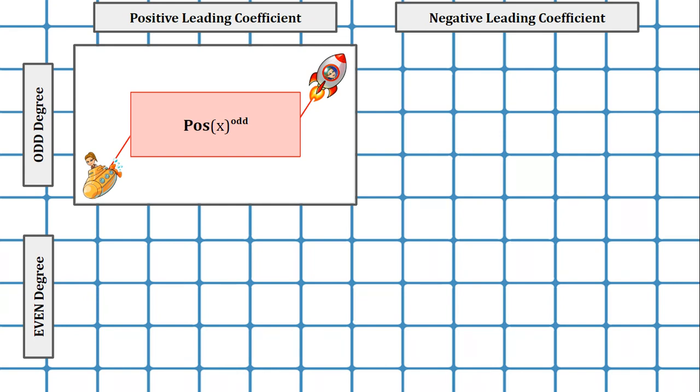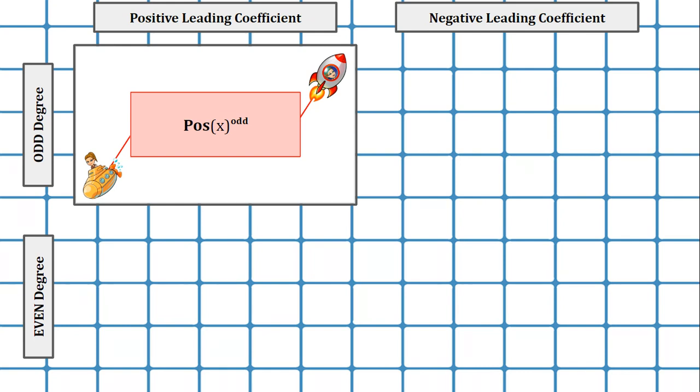An odd degree means that your end behaviors are going to be going in opposite directions. So it doesn't matter what's going on in the middle, remember, it's just what's going on at either end. I like to think of this kind of like a linear positive slope. You have negative infinity on the left side and positive infinity on the right side.